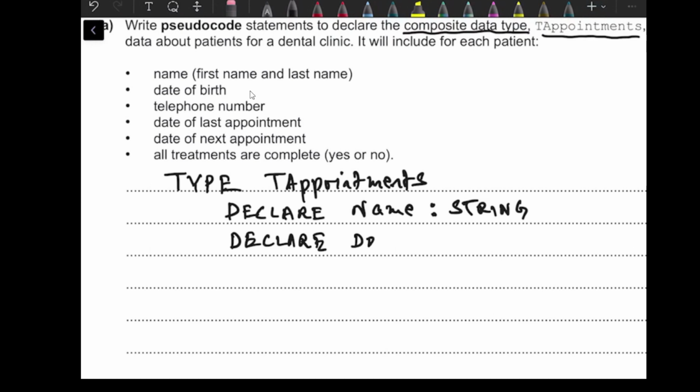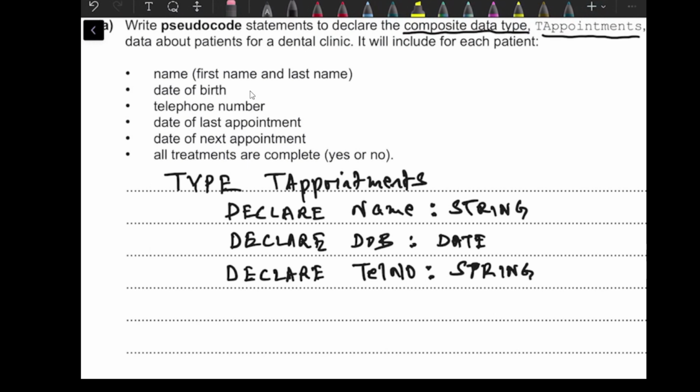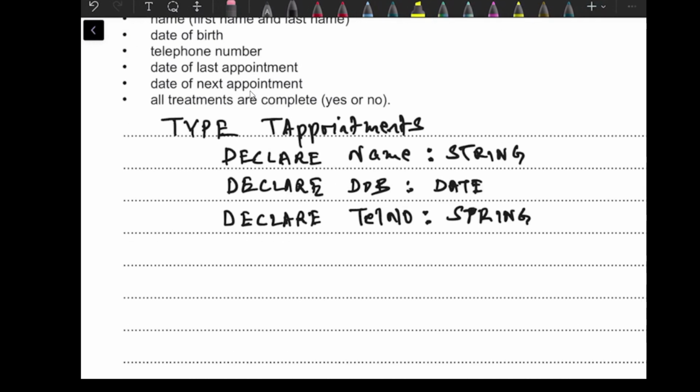Declare date of birth of date. Declare telephone number, it can be string. The whole numbers actually start from 0, 1, 2, 3, that's why it's better to have it string if you put a dash and something like that.